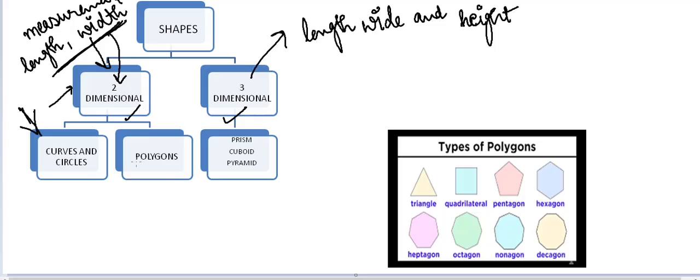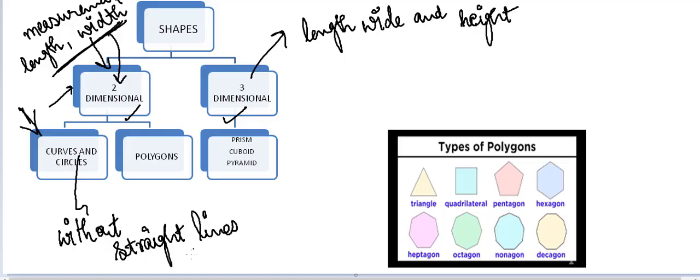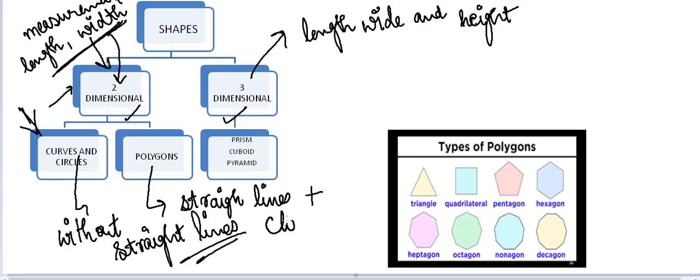Curves and circles are formed without straight lines. And the polygons are basically formed using straight lines plus closed shape.